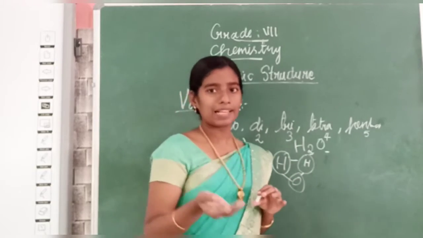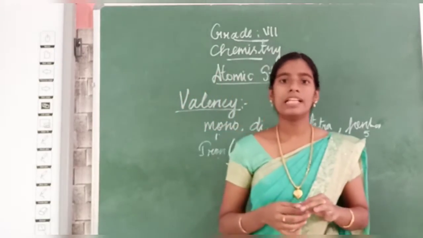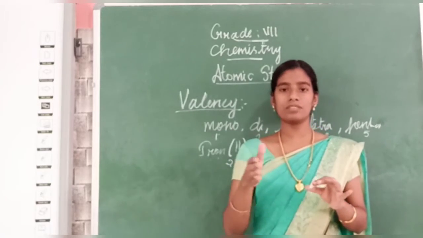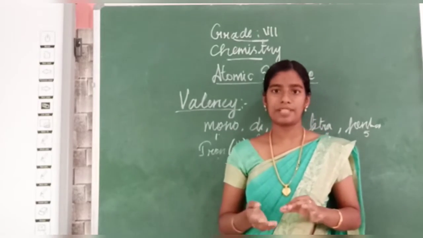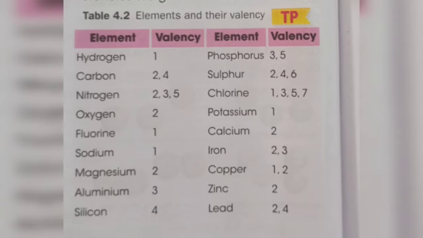In your book, valencies of some elements are given clearly. Now we can go through those elements. Look at this table. It shows the elements and their valencies. You can also take your book and turn to page number 58. So what is the first element given?